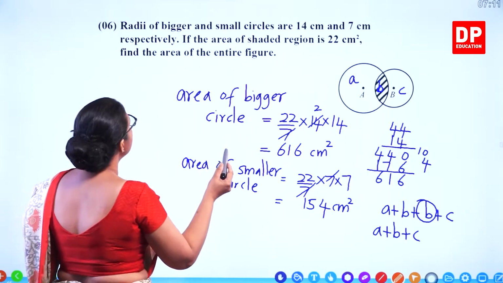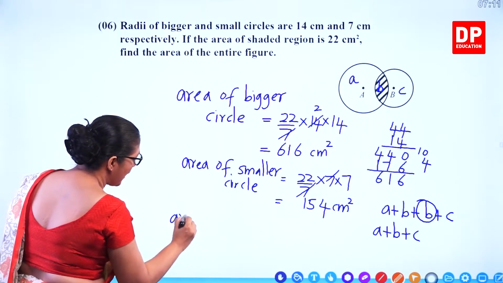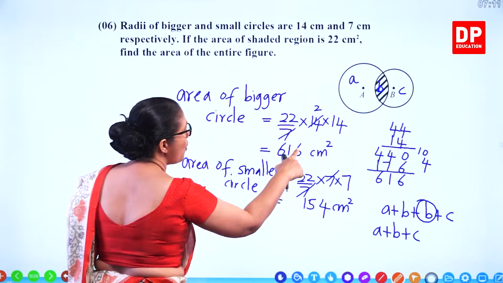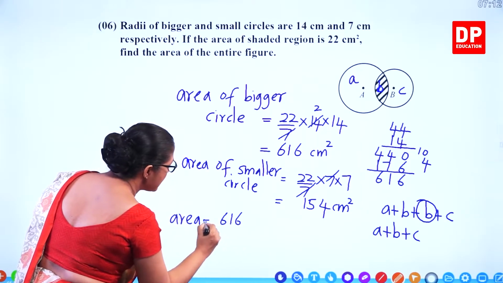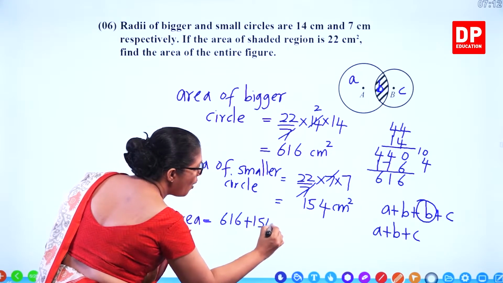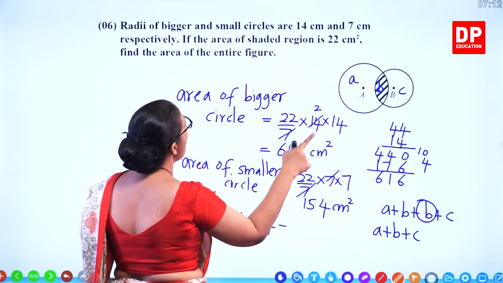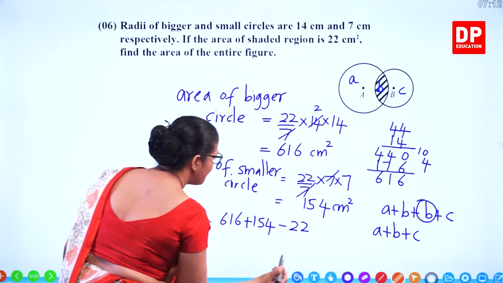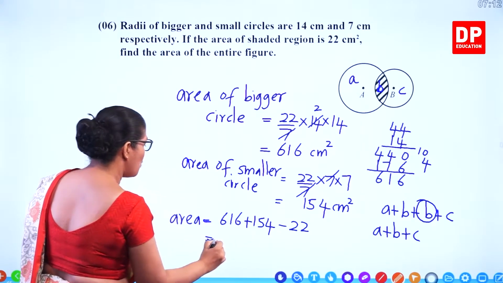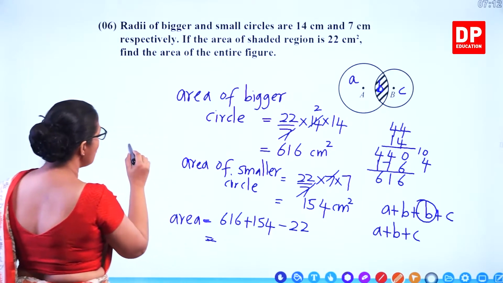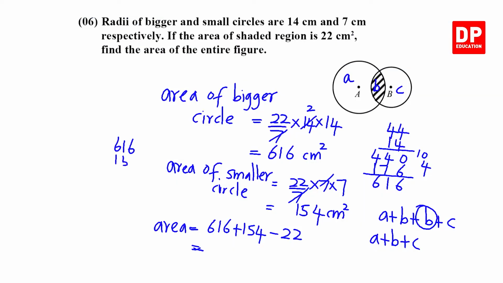So we can write the area of the entire figure. Area is equal to, add these two, 616 plus 154 and subtract the common region, that's 22. So what's the answer? So when you first add these two, you get 154 and this. So when you add these two, what do you get? 10, 7 and 7 and subtract 22, you get 8 and here 3 plus 4, 7.